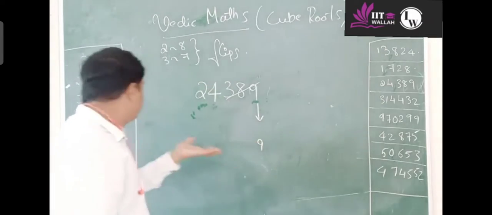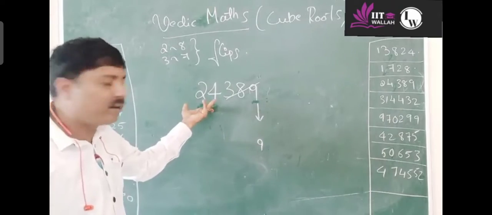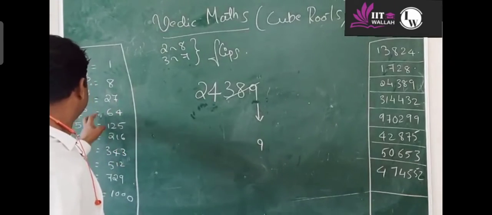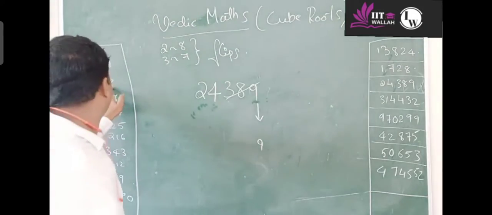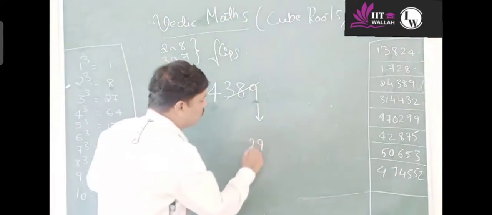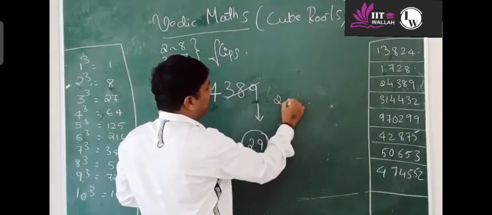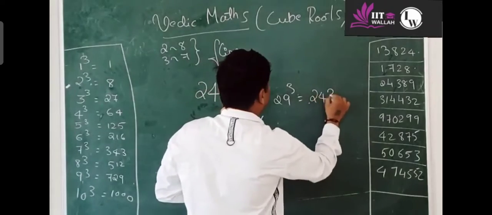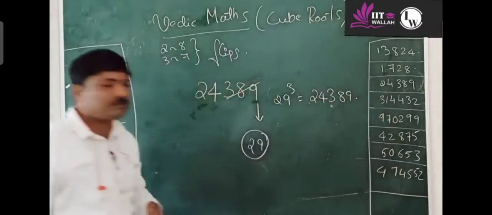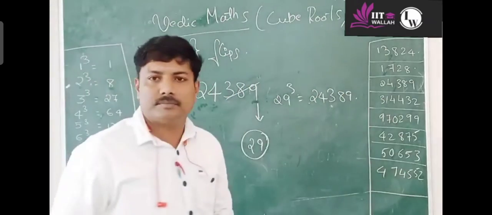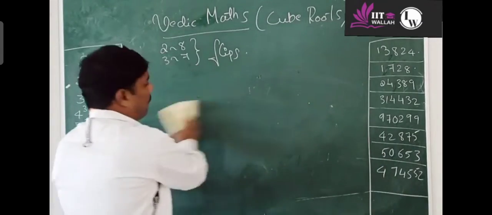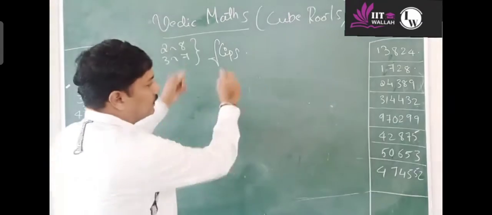Nearest perfect cube below 24 is 16. No. Below 24 is 8. So the cube root of 8 is 2. So 29 cube is 24389. Okay? So let us check the other number.